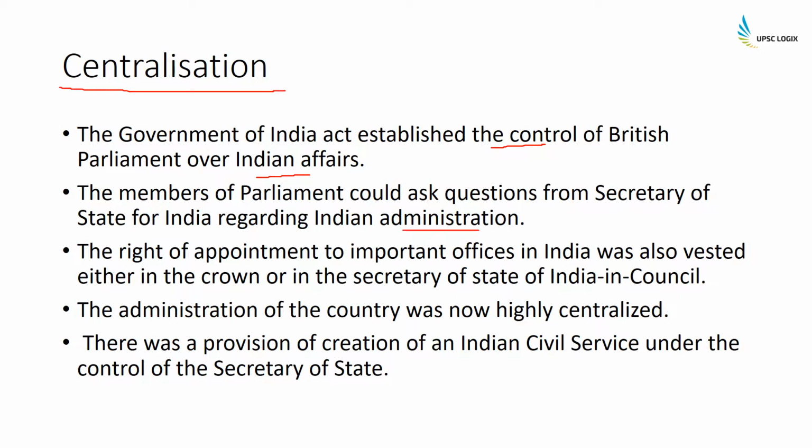Number 3, the right to appointment to important offices in India was with either the Crown or the Secretary of State for India in Council. Number 4, the administration of the country became highly centralized, and number 5, there was a provision for the creation of Indian Civil Services under the control of the Secretary of State.